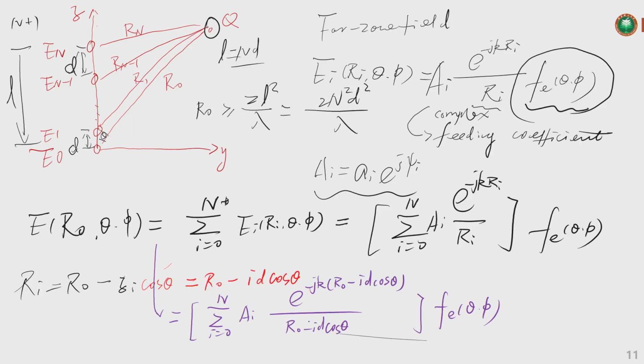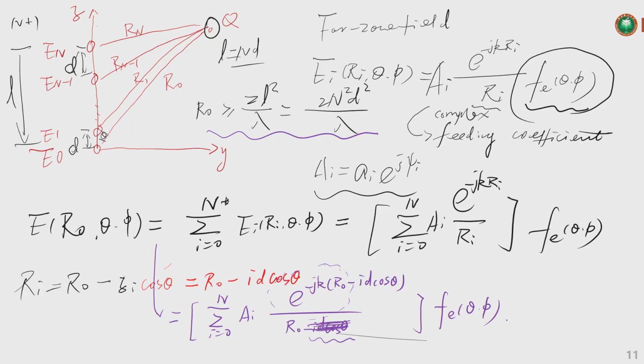Here, because R node is much larger for the far field zone, it's much larger than 2n squared d squared divided by lambda, and also much larger than this part, ID cosine theta. So we neglect it this way, and this part is also a constant, not element dependent.